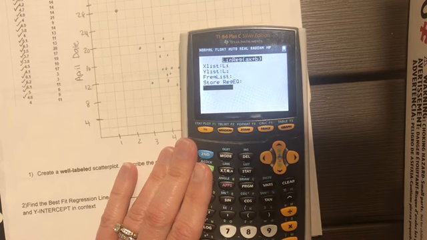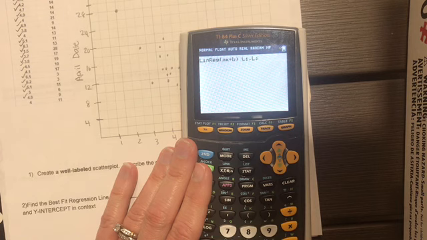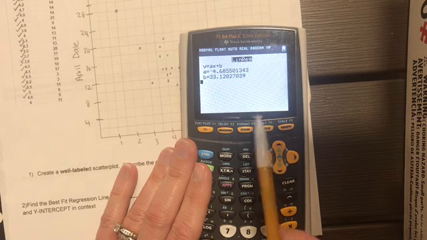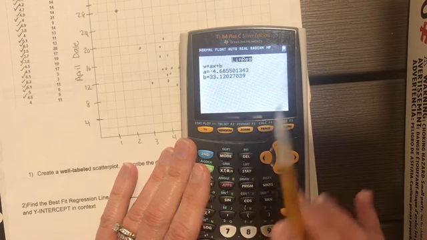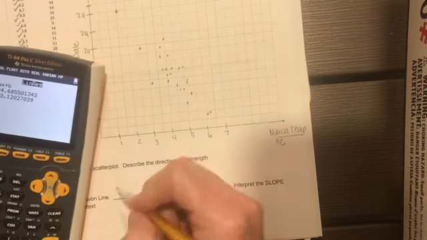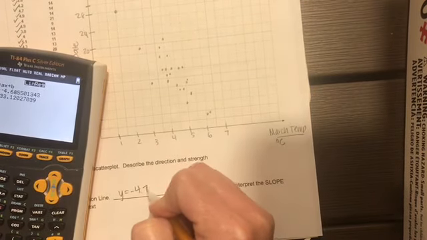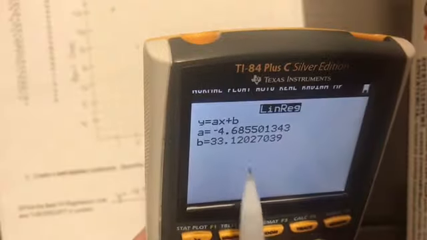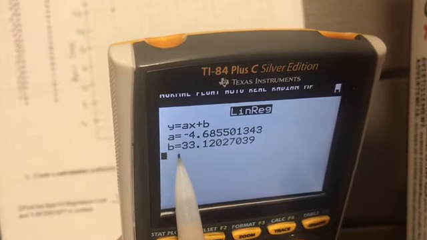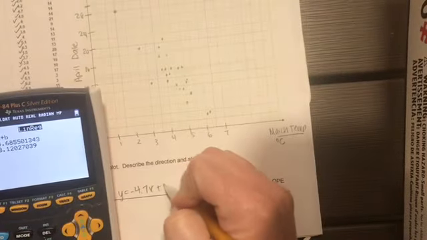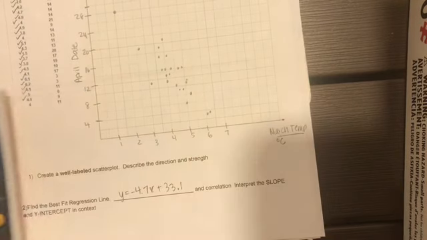List 1, list 2, yep, that's what I want. And here's going to be our linear regression equation: y equals negative 4.7x. Do you see the a is the slope and the b is the y-intercept? This is positive, so I'm going to say plus 33.1.